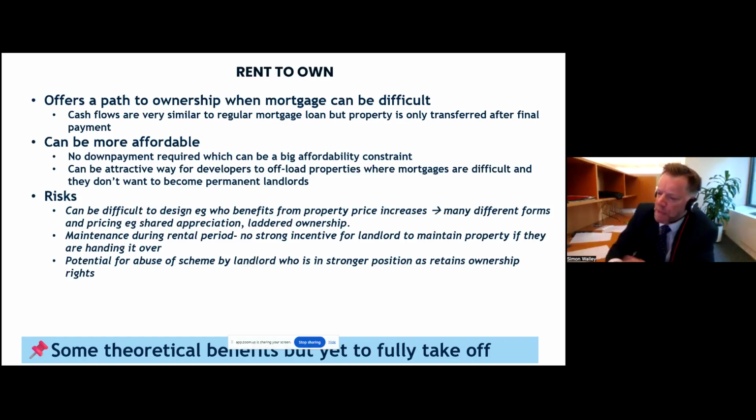So you need a fair, balanced system protecting the owners of the property versus the rent to owners, as it were. So I think in practice it's an innovation. There's a lot of potential to it, but as far as we can see, it's still not really taken off anywhere.